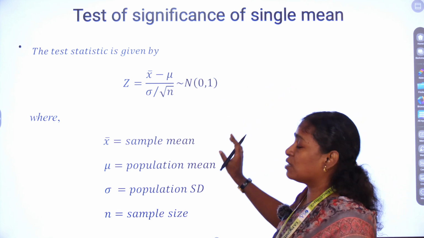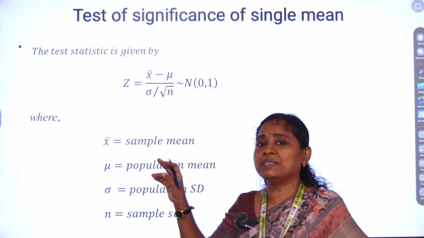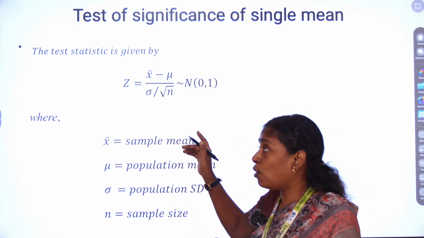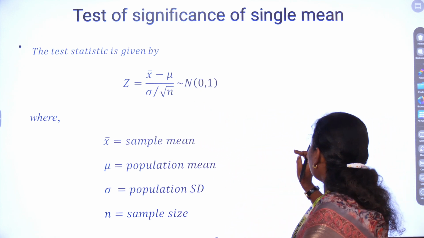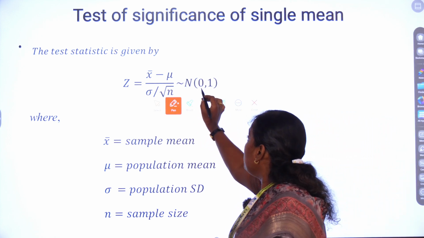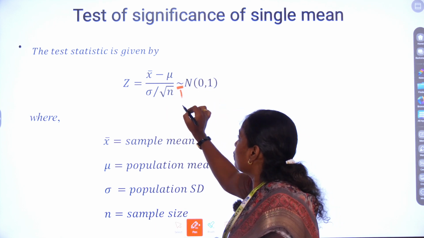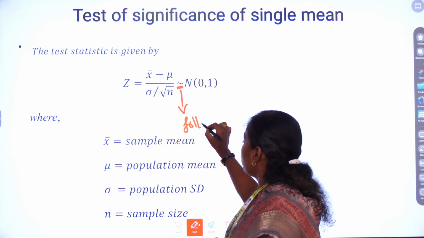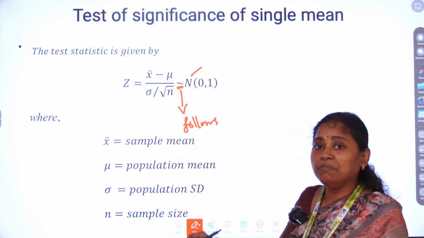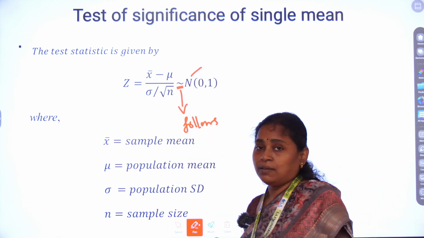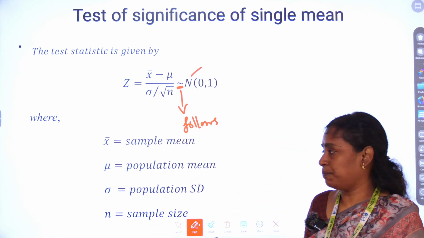For test of significance of single mean, your test statistic is Z equal to x bar minus mu divided by sigma by root n, which follows the normal distribution with mean 0 and standard deviation 1.